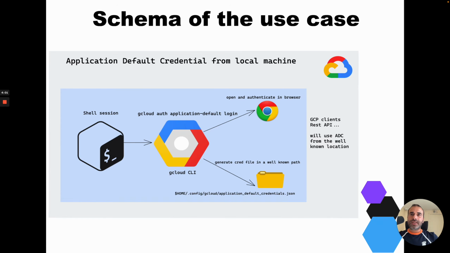And in this case, traditionally, to be able to launch our job from our shell session and local machine, we need to go to the IAM page, create a service account, download a service account token key, and add an environment variable, Google Application Credentials, that targets this token key.